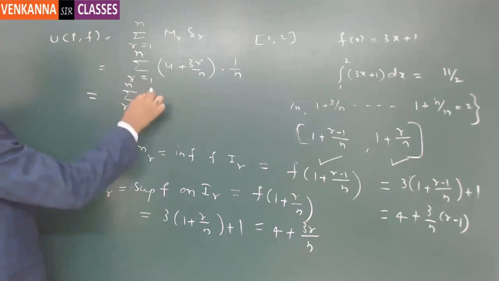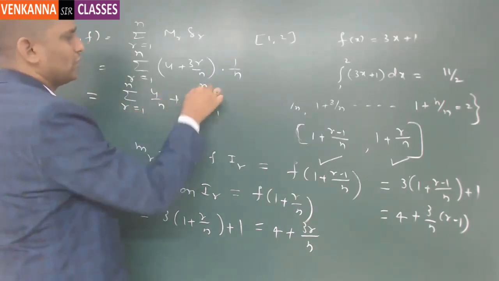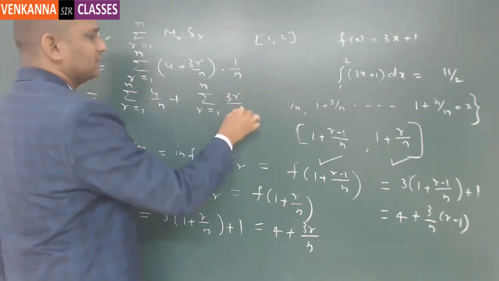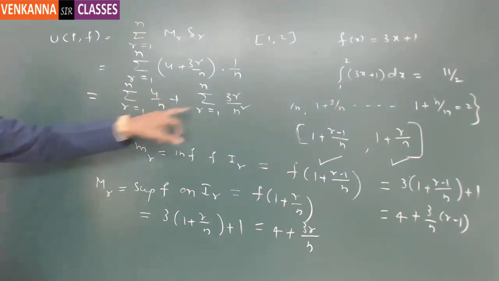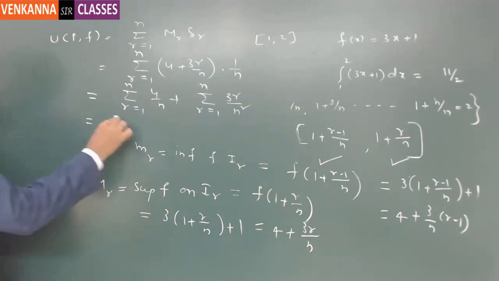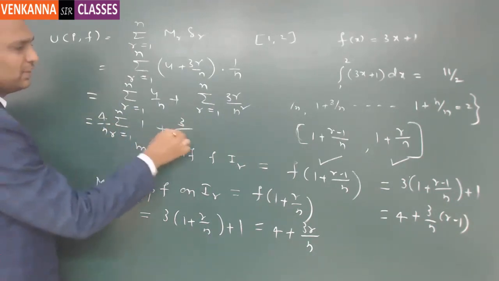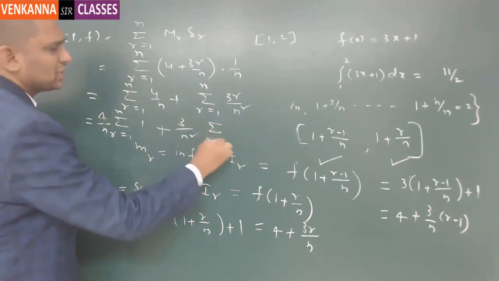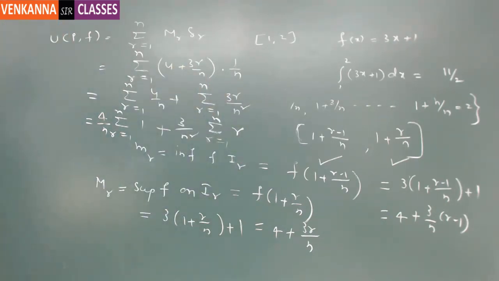So if you separate the values, you get summation r equals 1 to n of 4 by n plus summation r equals 1 to n of 3r by n squared. Since r is the term which is varying here, 4 by n is constant and 3 by n squared is constant. So separating, summation r equals 1 to n of 1 times 4 by n, a constant, plus 3 by n squared into summation r equals 1 to n of r.